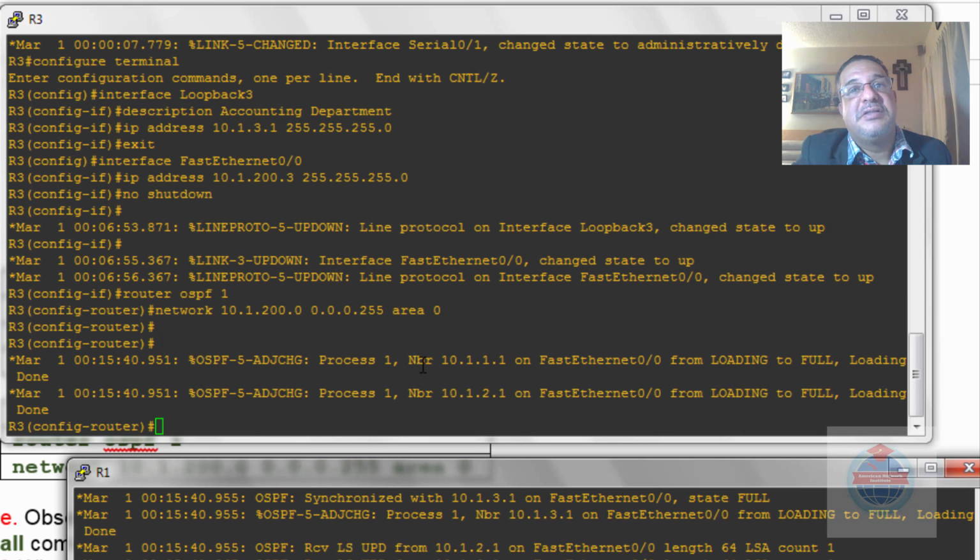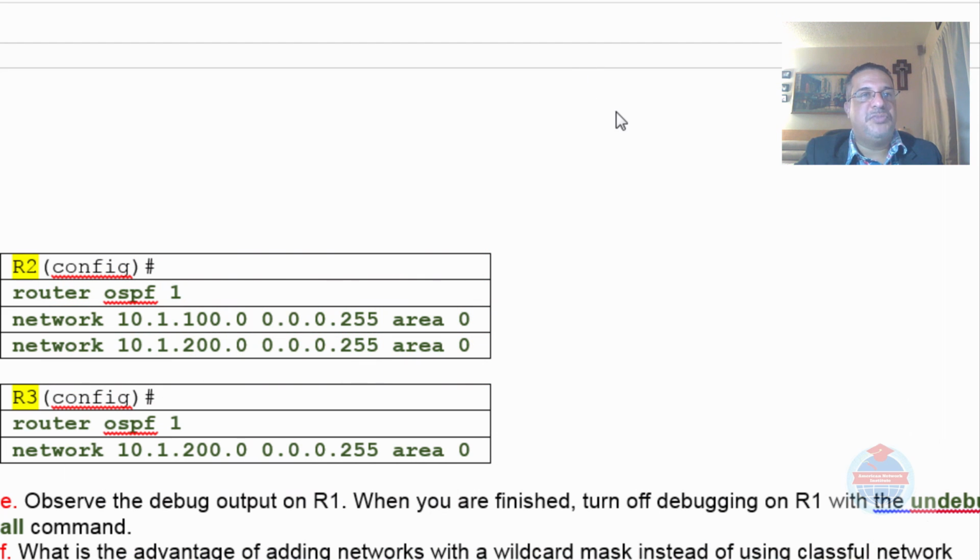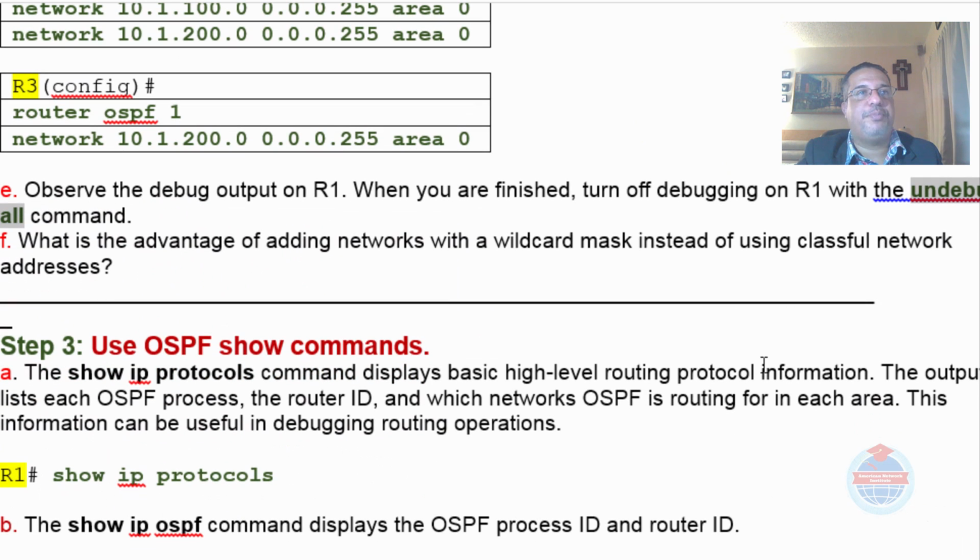OSPF adjacencies is mentioning that it recognized neighbor 10.1.1.1 and 10.1.2.1 that correspond to router 1 and router 2. This exercise is coming nice and sweet. Don't you think so, guys? It's like a game. Love to be playing with this stuff, guys. Now, a good part of the exercise is done. Observe the output of R1. When you finish the thorough debugging on R1, okay, we can do that.